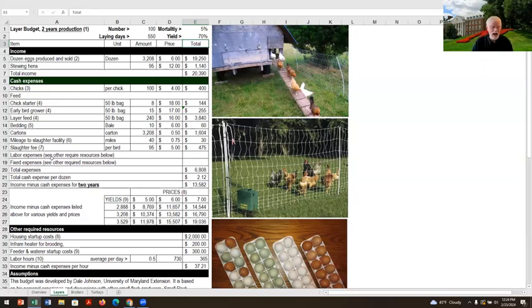Now I have another cost in here, fixed expenses. The fixed expenses are this layer house right here, this fencing, the feeders, the waterers, the brooding lamp, and so forth. I've got it down here. Now, I bought my layer house for $200.